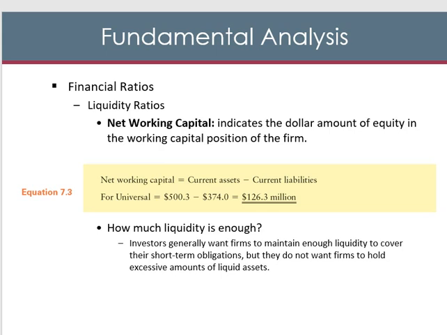So if a company is not operating in the most efficient manner, i.e. slow collection, it will show up as an increase in the working capital. This can be seen by comparing a company's working capital from one period to another. Slow collections may signal an underlying problem in the company's operation. And as you can see with Universal here, they have a pretty good net working capital of $126.3 million.